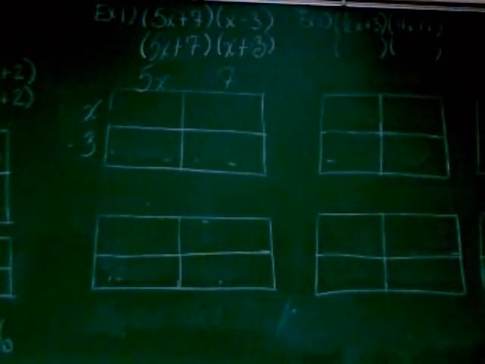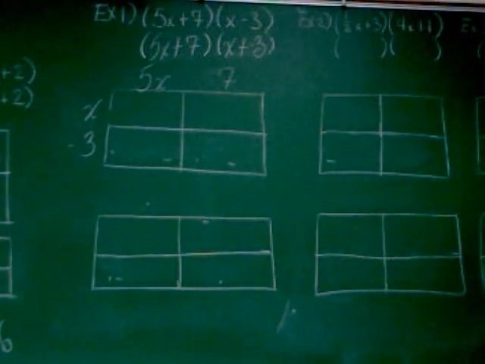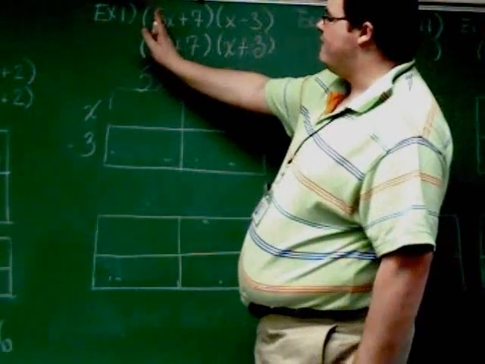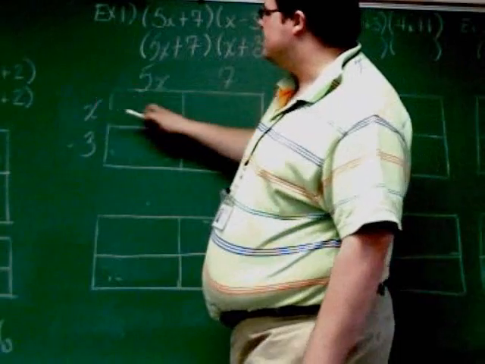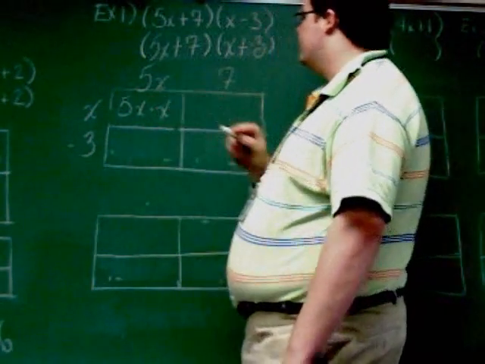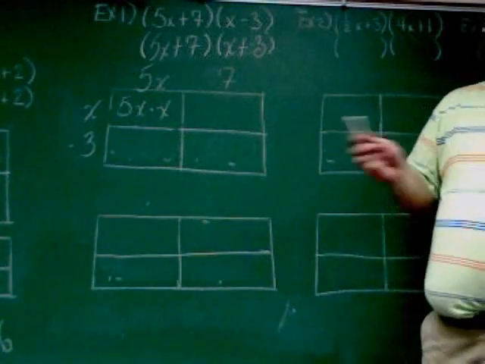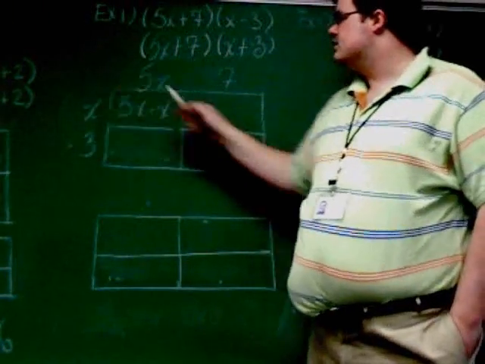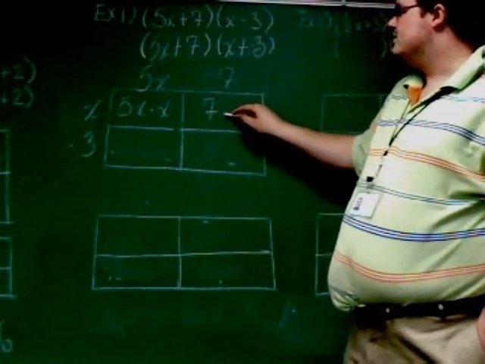All right, so now I have to multiply the corresponding locations. So this box has 5x above it and x to the left of it, 5x times x. This box has 7 above it and x to the left of it, 7 times x.